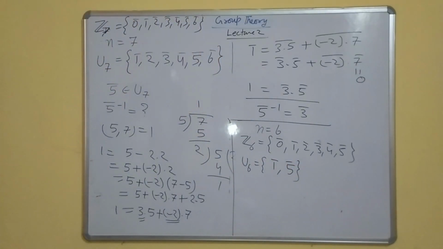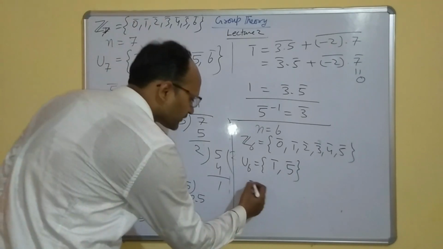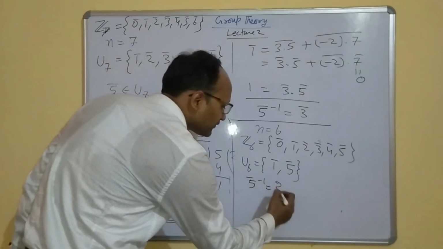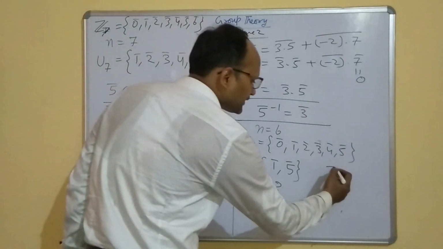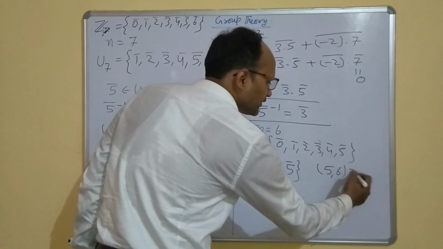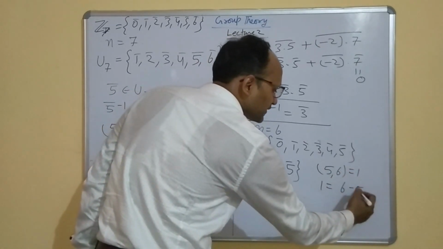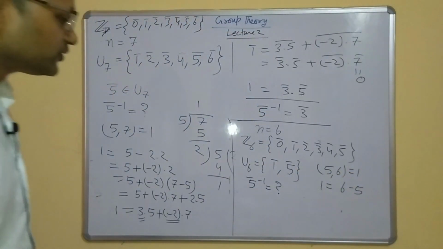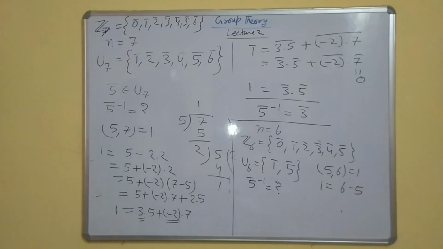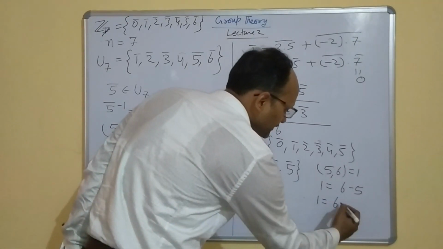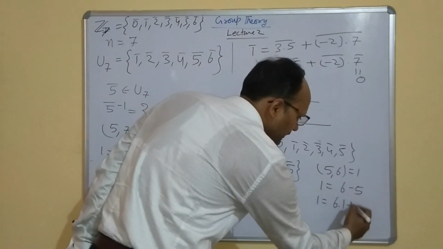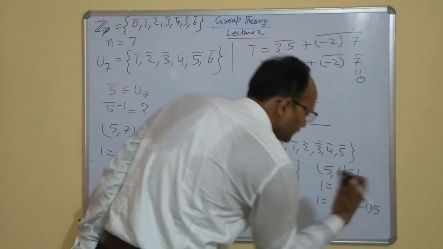So now what is the inverse of 5 bar here? If we determine it, we can see that the GCD between 5 and 6 is 1, and simply 1 can be written as 6 minus 5. So 1 can be written as 6 into 1 plus minus 1 into 5.